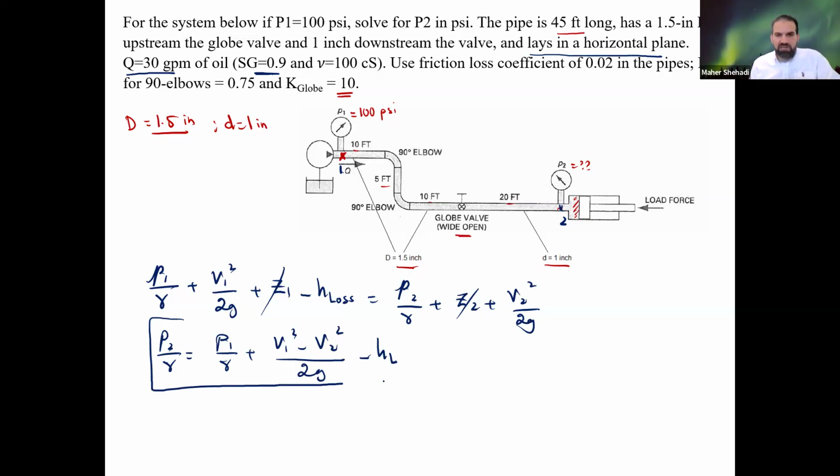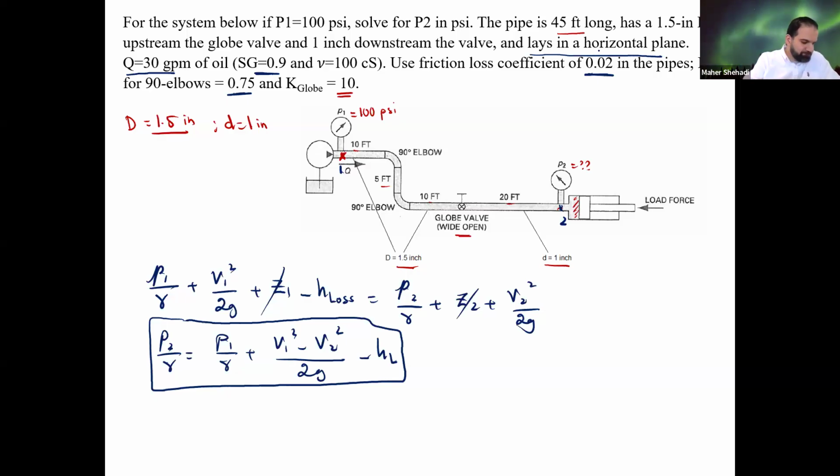I have P1. I should be able to find V1, and we will need to do that as the first step. But the main test here is to find that head loss, which is coming from friction and the elbows that you see there. For the 90-degree elbows, the K value is given, 0.75. They made it simpler for us, so we don't have to dig through how to find the friction loss.